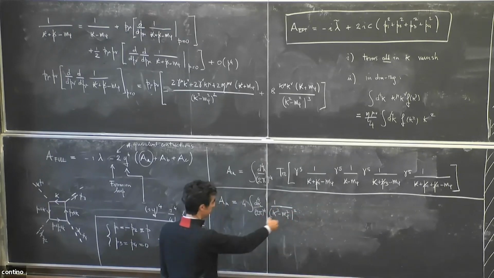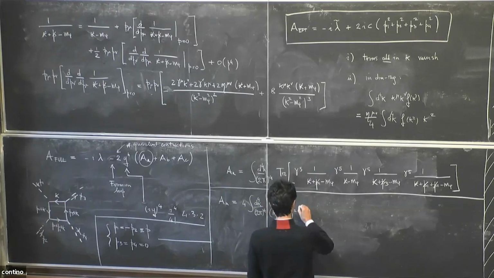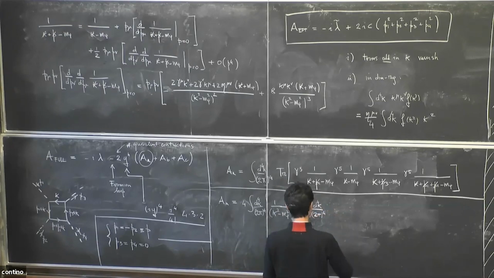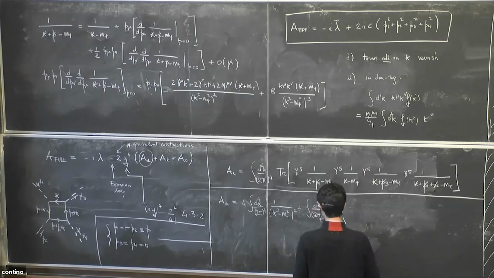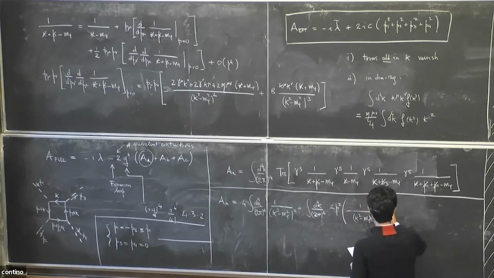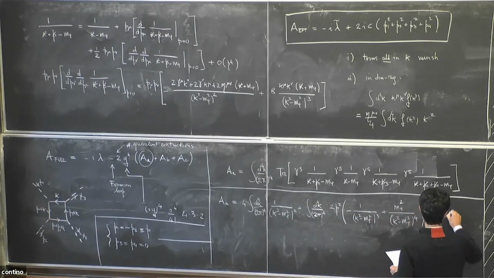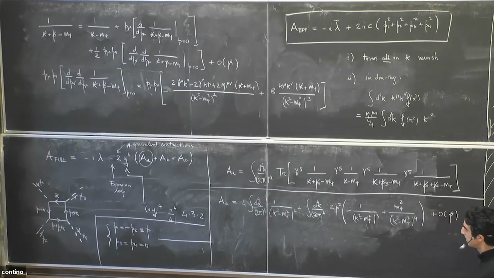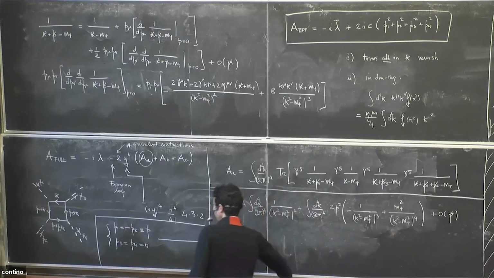That's the term p to the 0, plus integral d4k over 2 pi to the 4th, 2p squared, which multiplies minus 1 over k squared minus m psi squared cubed plus m psi squared divided by k squared minus m psi squared to the 4th, plus orders p to the 4th. Okay? Okay, very good.